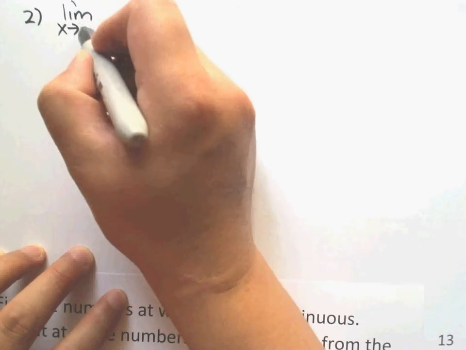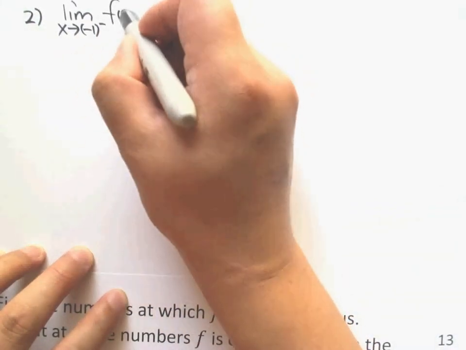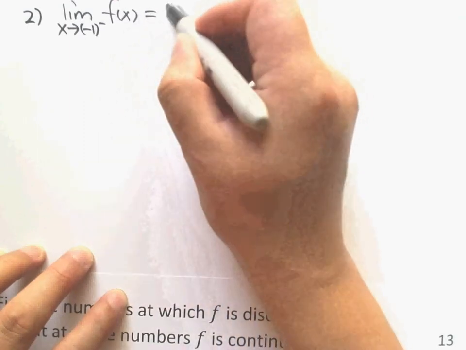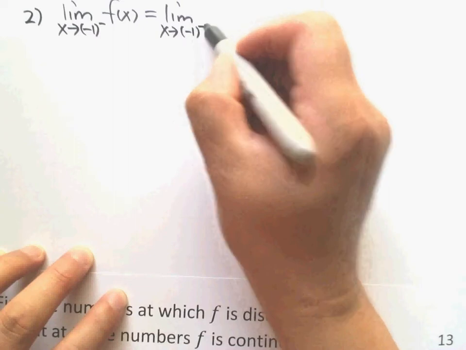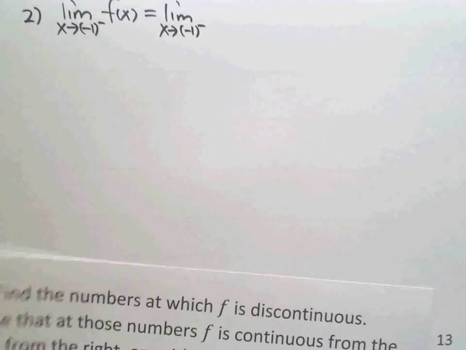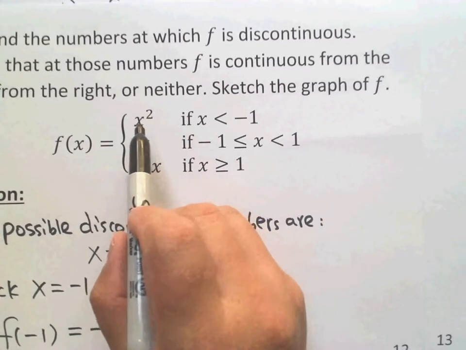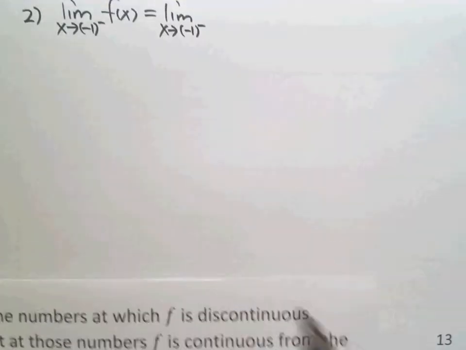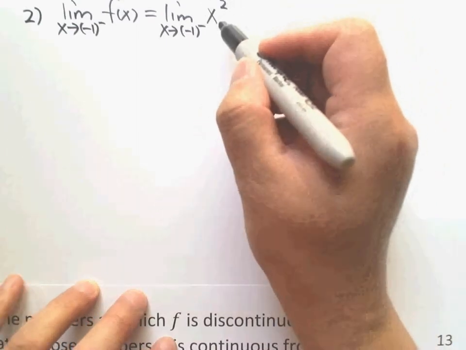We look at each sided limit. Okay, so we look at x approaching -1 from the left. Okay, the left-handed limit first. How to do? All we need is plug into the function. What is the function when x approaches -1 from the left? Left of -1 is x squared.